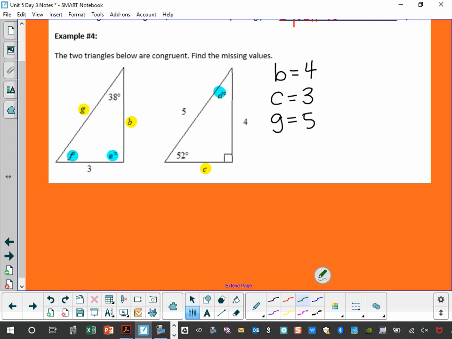Okay, for my angles, I have DEF. Michael, what does D equal? 38 degrees. Izzy, what about E degrees?